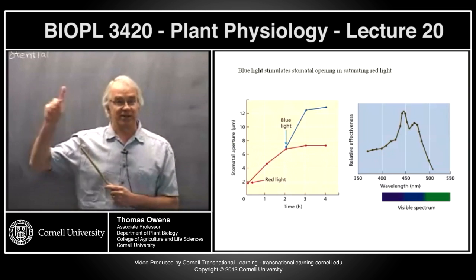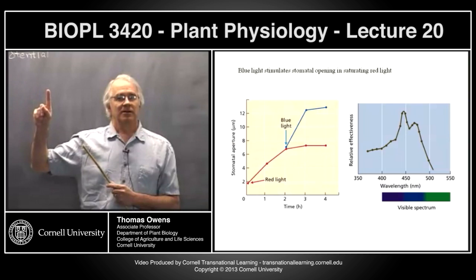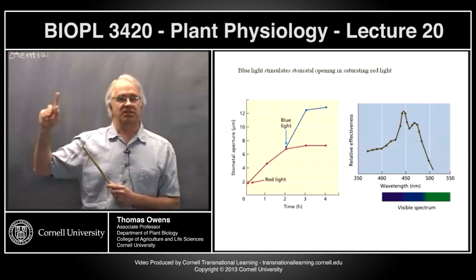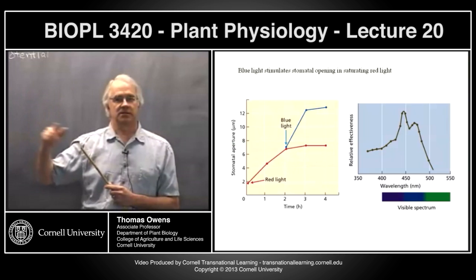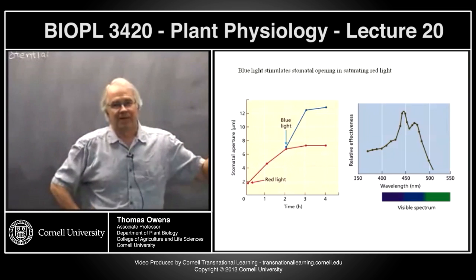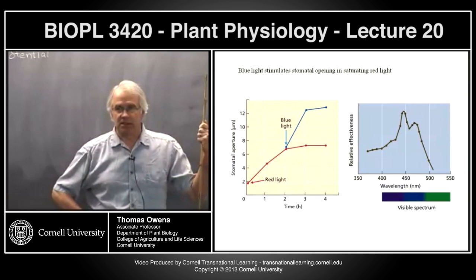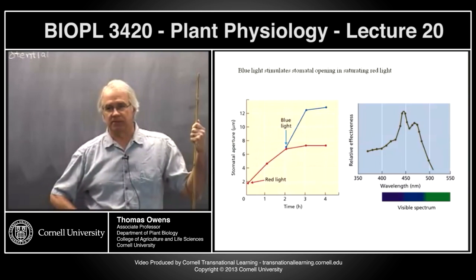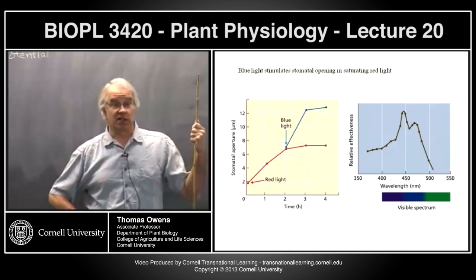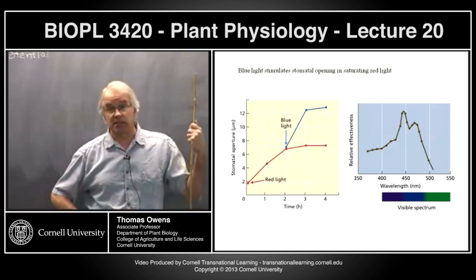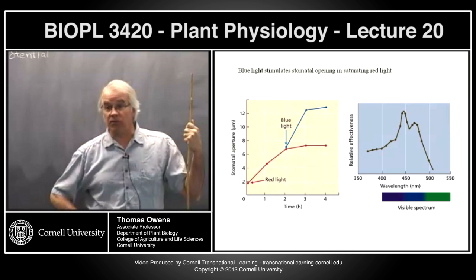Guard cells are really cool for sorting out these things because the phytochrome genes are not expressed in guard cells. Guard cells don't have any phytochrome. They have the genes, but the genes are never expressed. So that makes guard cells a really nice system to study blue light effects without the complicating effects of phytochrome.